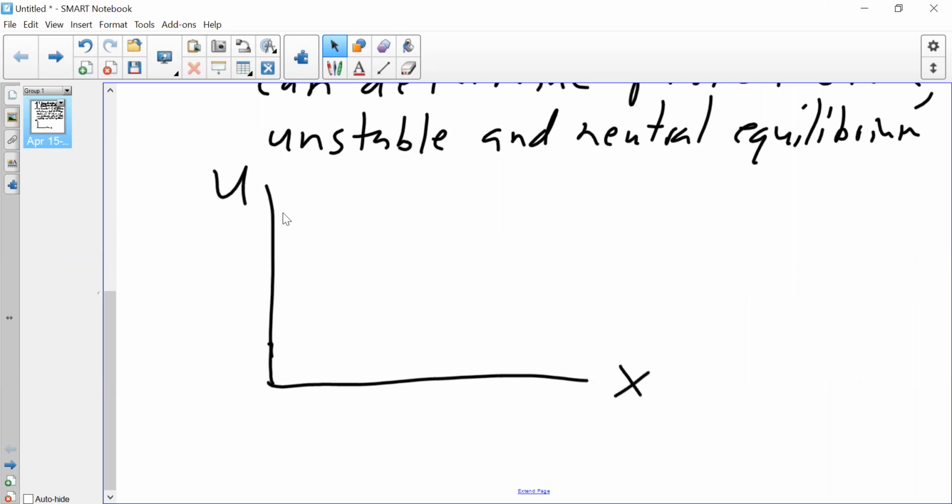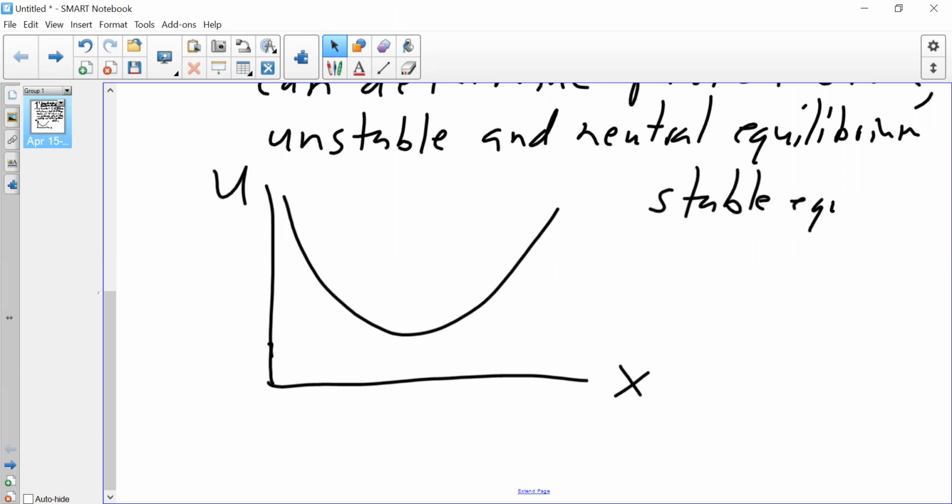looks something like this, we can say that the points of stable equilibrium first are points where there's a local minimum, or the slope is equal to 0. But there's a turning point, because remember, there's a spring force going back and forth. That's why this thing turns.